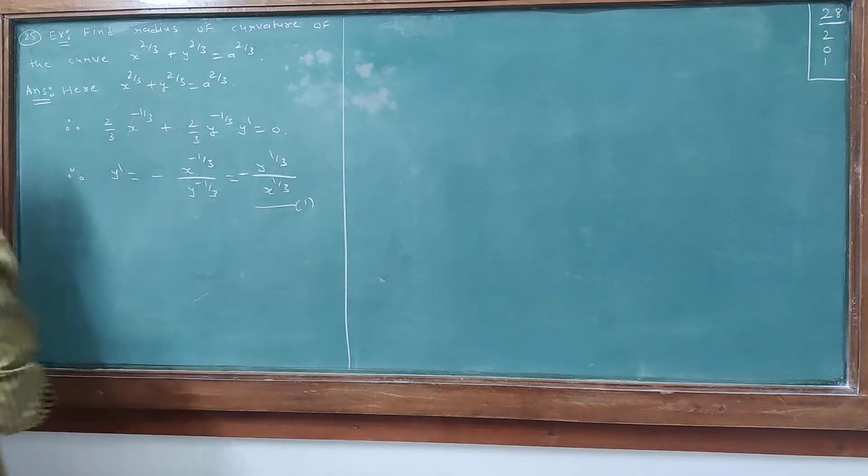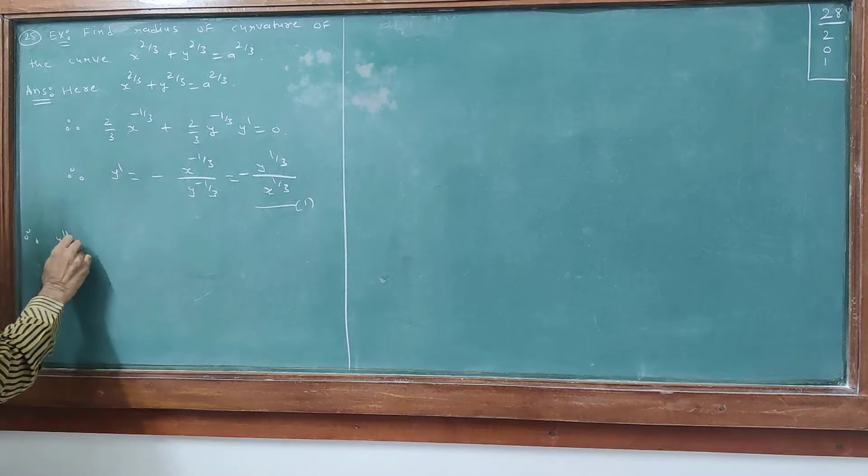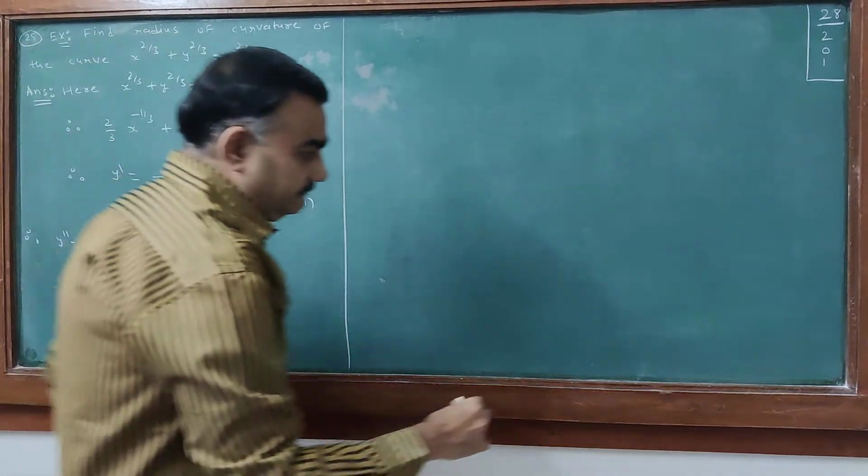Therefore, y double dash, we use the u upon v formula.